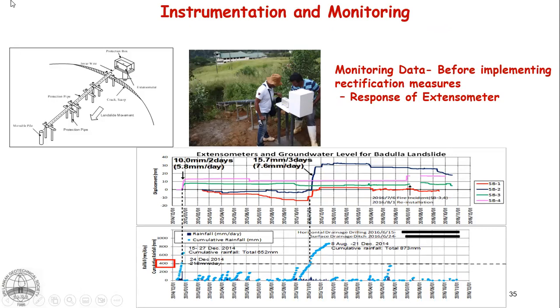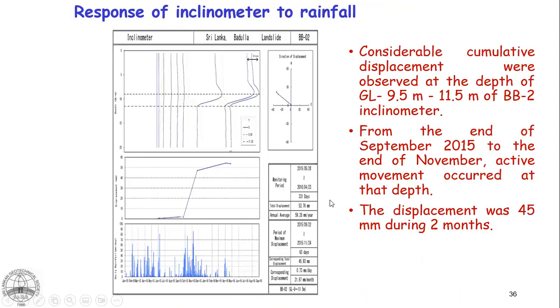Now, this landslide had been rectified by subsurface drainage subsequently, but these are the movements monitored by the rainfall events that occurred prior to the rectification. So this is the rainfall event, this critical rainfall event, how the movements occurred in these extensometers, right?